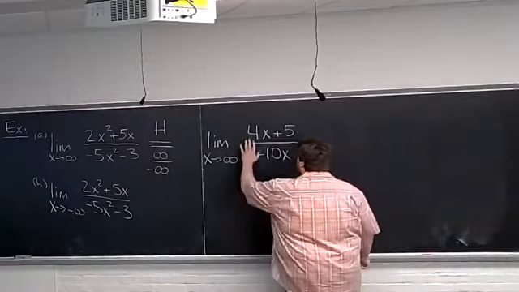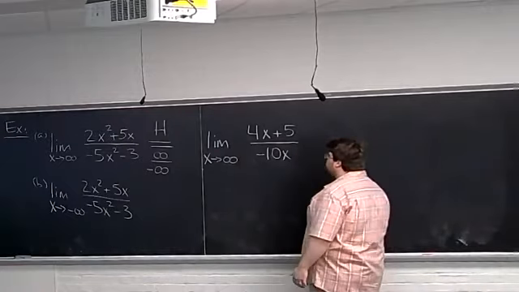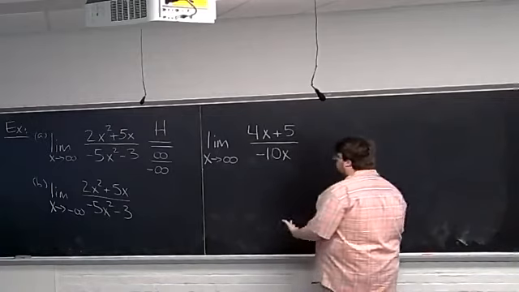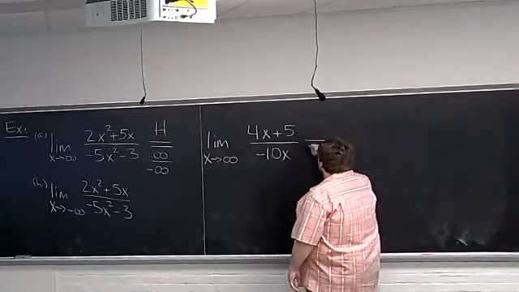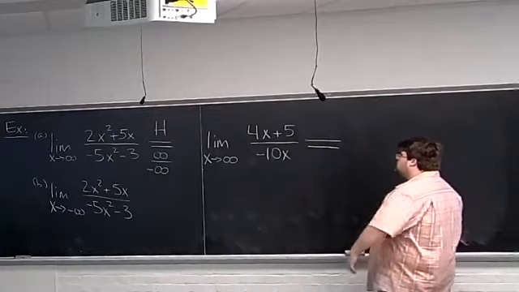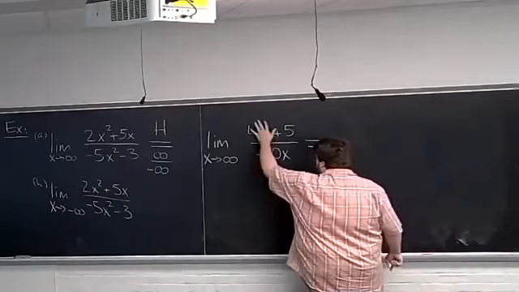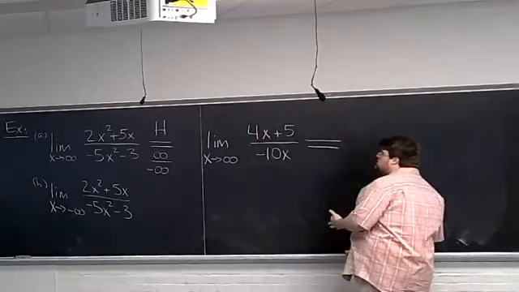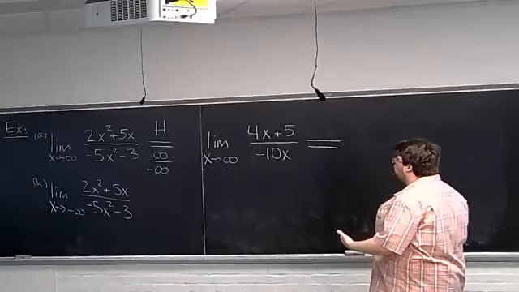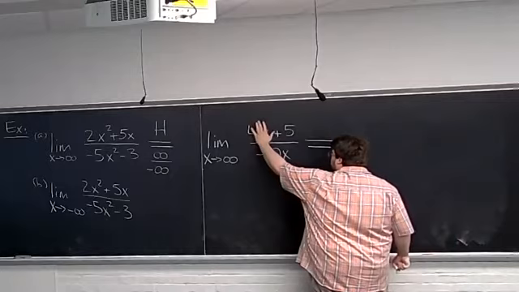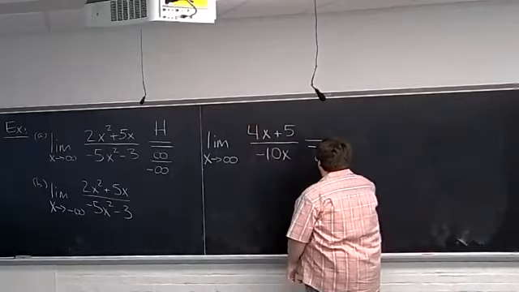Now, how about here? Again, it's a line over a line, but still polynomial over polynomial. What happens as x goes to infinity? Each polynomial is dominated by its largest term. In this case, the largest terms both have degree 1, x to the first power. As x gets large, 4x goes to infinity.